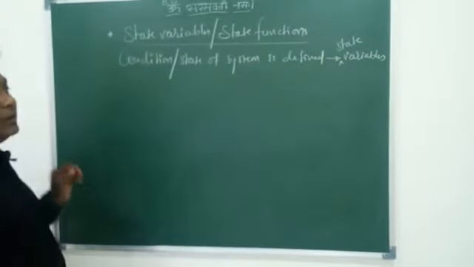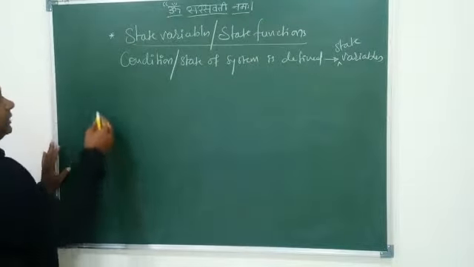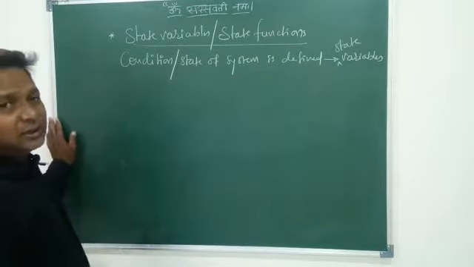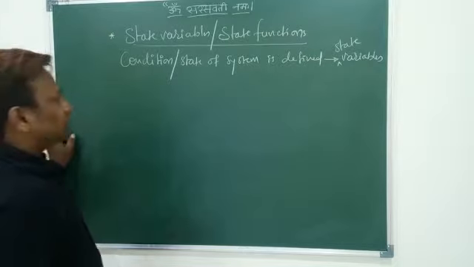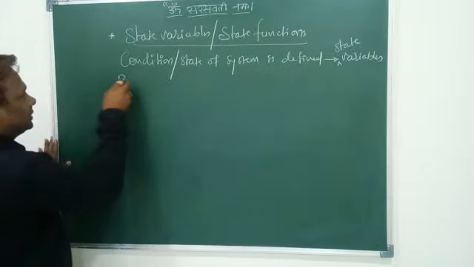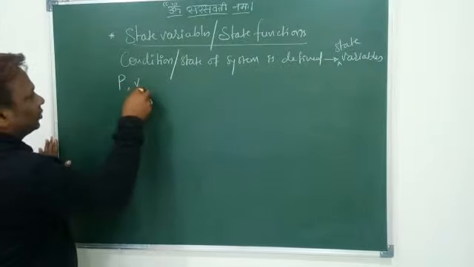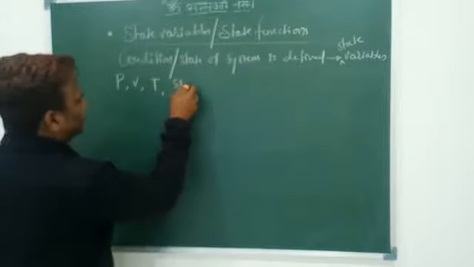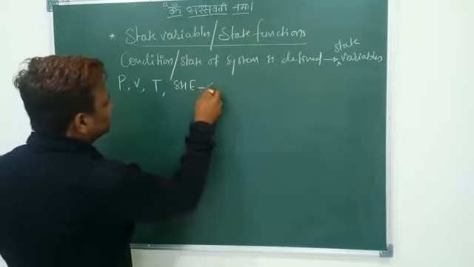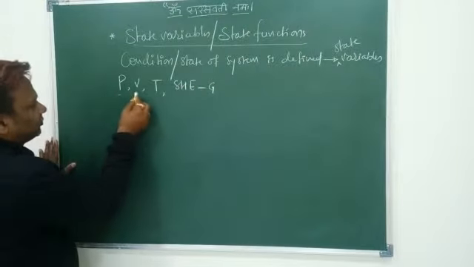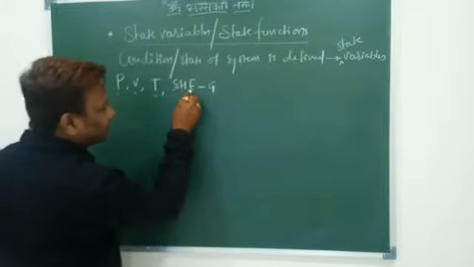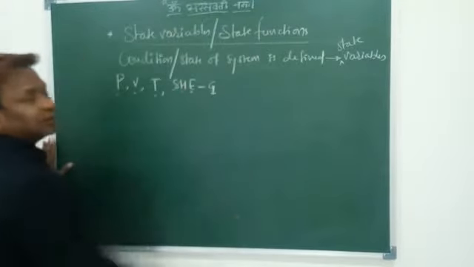So what are the state variables or state functions? A state variable or state function is one which depends only on the initial and final state. That means pressure, volume, temperature, and the same way entropy, enthalpy, internal energy, and Gibbs free energy.